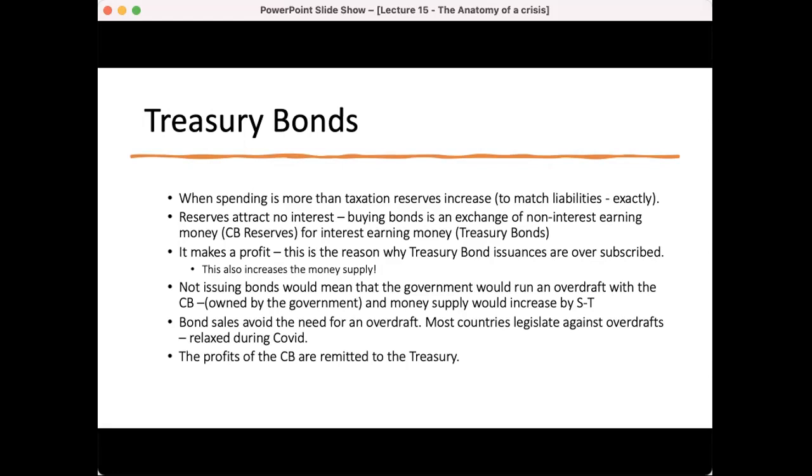Well, they are profits. So the profits, therefore, would go back to the treasury, which means that the income that was being passed from government to banks now goes to the central bank and then back to the government. So in effect, everything has been netted out to zero.